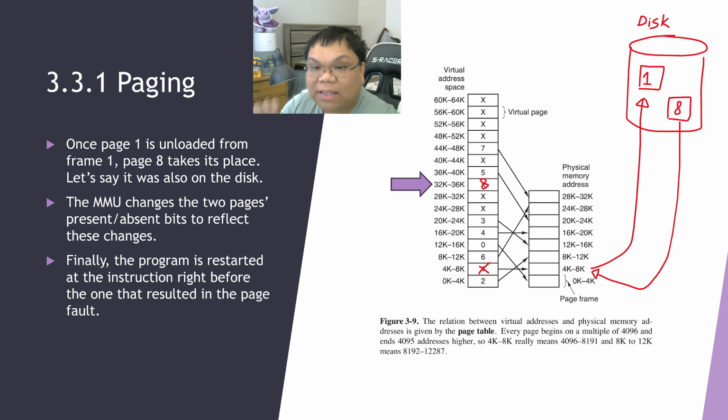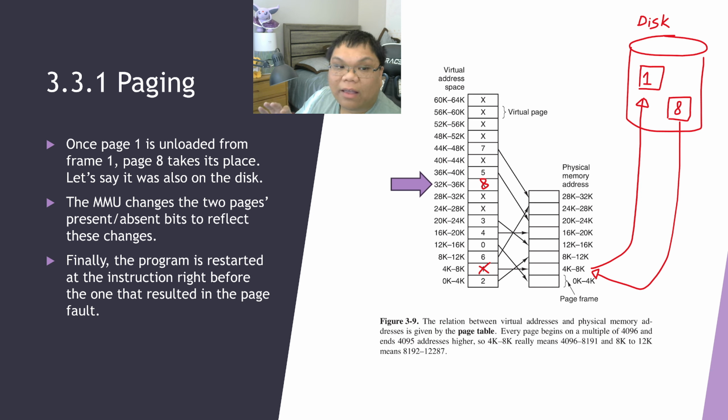It's going to page out page 1 and put it on the disk. Meanwhile, it makes an I/O request to load page 8 into that now freed up page frame. So now we have page 1 no longer in memory and page 8 loaded into memory.